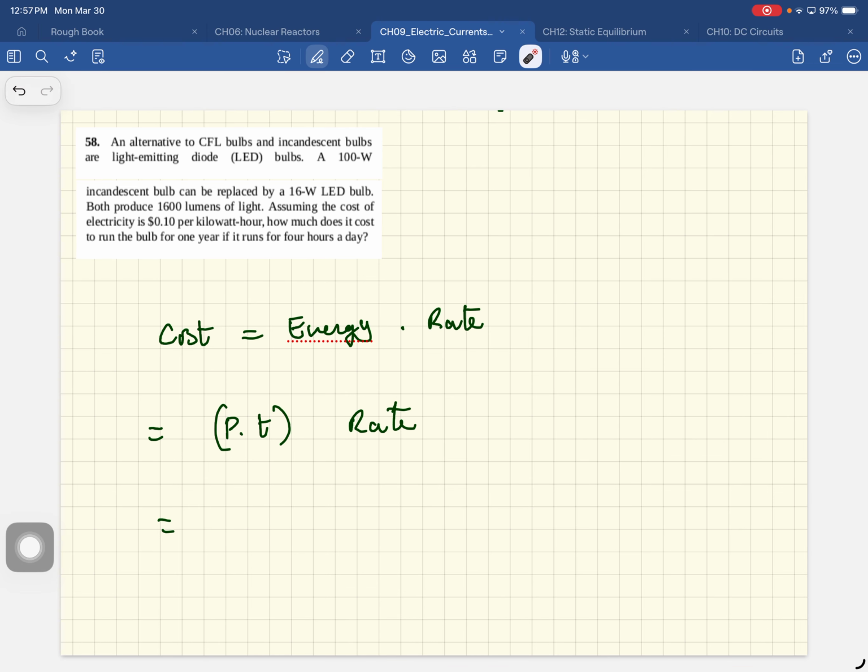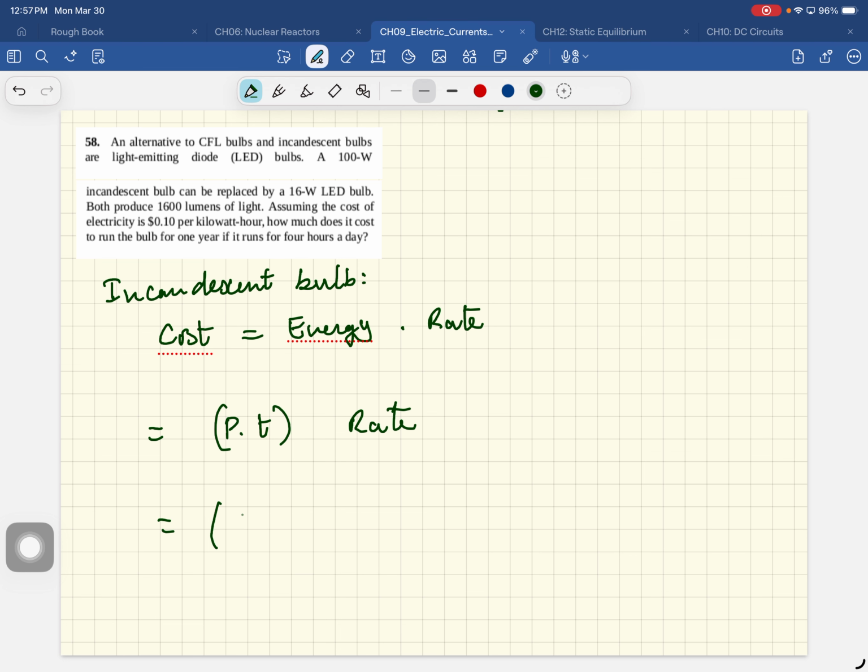So we'll calculate for the incandescent bulb. The power of the incandescent bulb is 100 watts, which is 0.1 kilowatt. 100 watt is a thousandth of a kilowatt. And the time is 4 hours per day, and we're going to calculate it for 365 days per year, right?